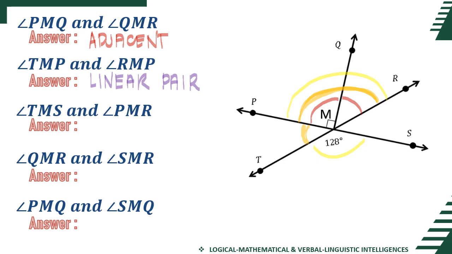What relationship can we see based on the illustration? I am referring to this part, this one, where I made use of a larger arc. Can you now distinguish the relationship of these two angles? They are actually vertical angles. Very good. So this is considered vertical angles.